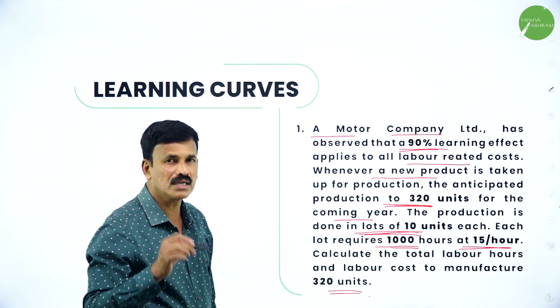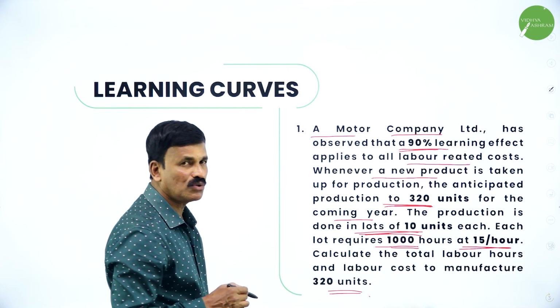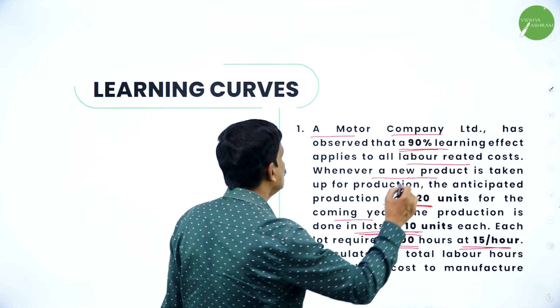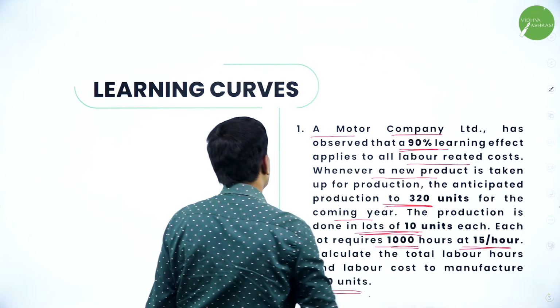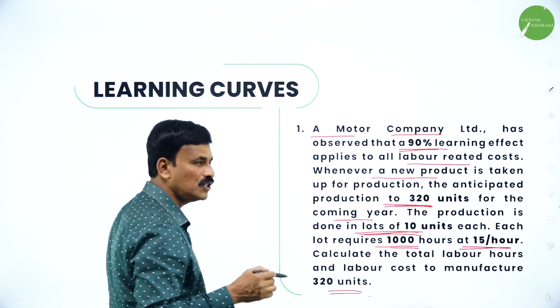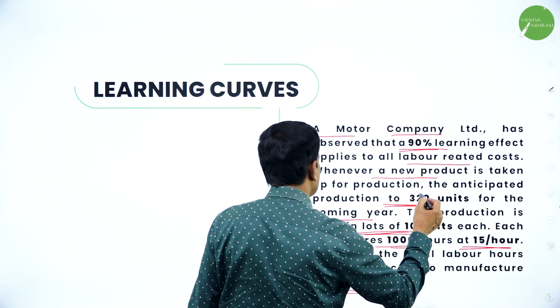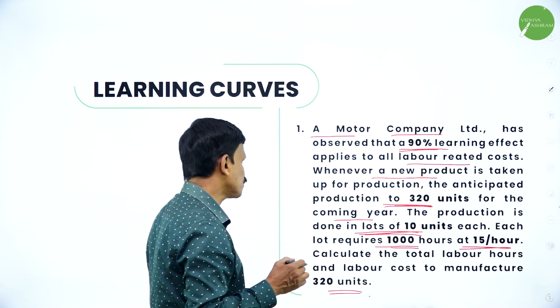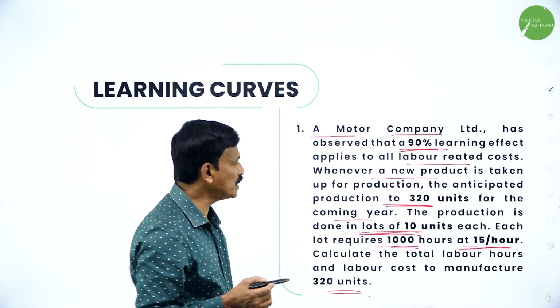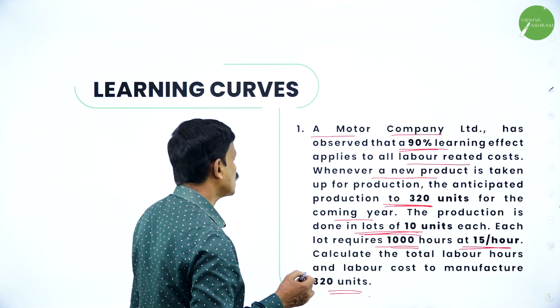See, go to the problem. I'll read the problem once again. A motor company limited has observed that a 90% learning effect applies to all labor related cost. Whenever a new product is taken up for production, the anticipated production is 320 units for the coming year.